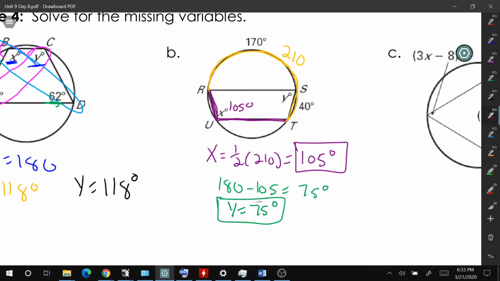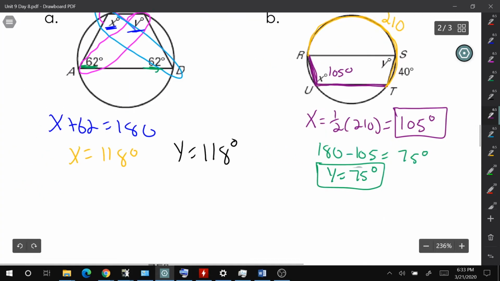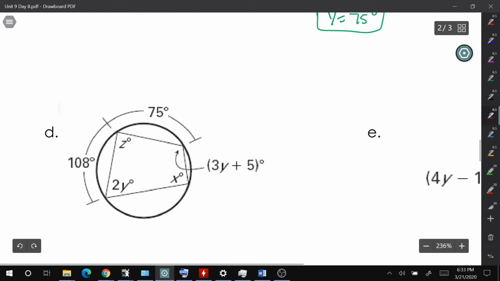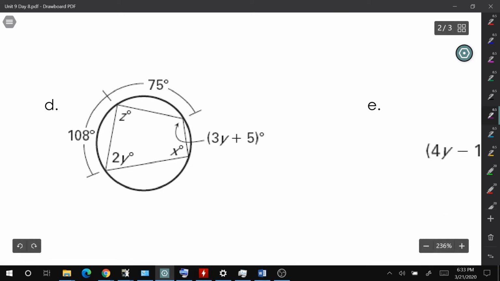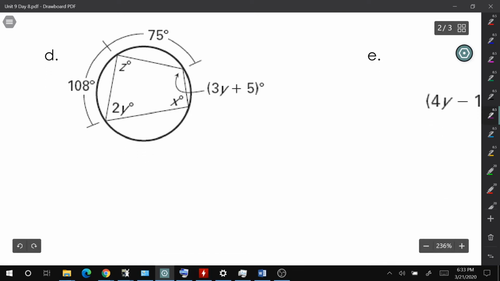Alright, now letter D. For this problem, I'm going to start with x, because I see we have this angle here, and that makes, just like in the previous problem, this entire arc.